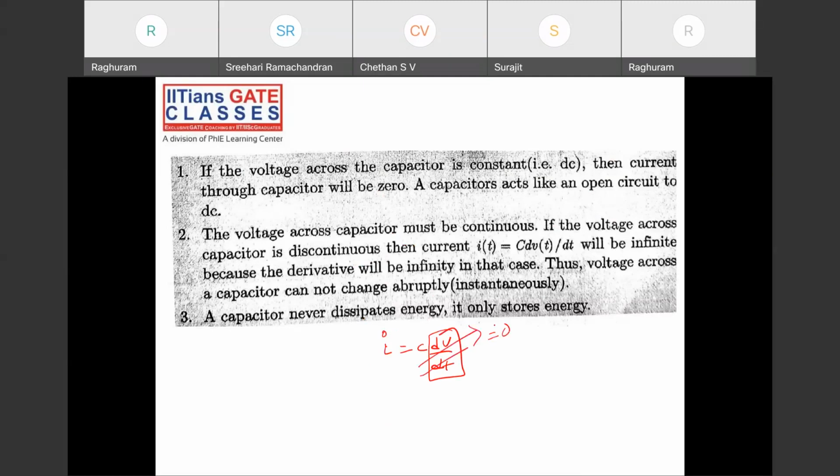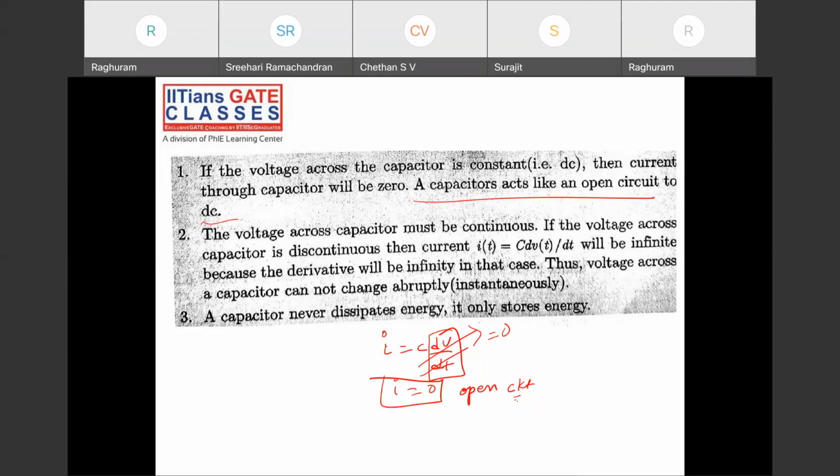If dV by dt is zero, I is zero. What does I equal to zero indicate? It indicates an open circuit. So for DC voltages, capacitor acts as an open circuit. Remember this, for DC, capacitor acts as an open circuit.